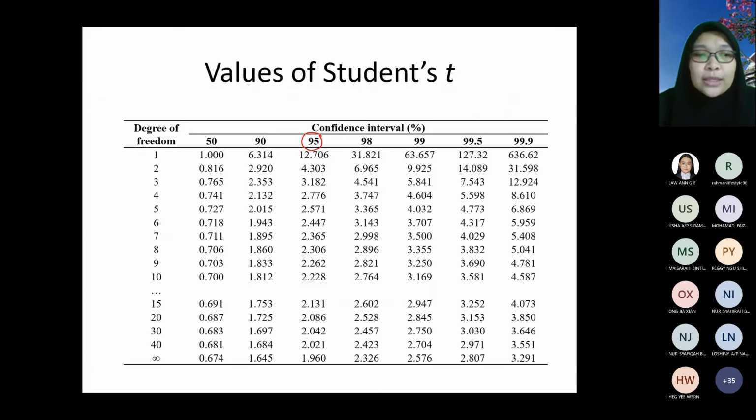So look at the T table here. At 95% confidence, n equal to infinity, the value is 1.96. Because we don't know yet what n is, we assume n is equal to infinity. So at 95% confidence interval, it is 1.96.